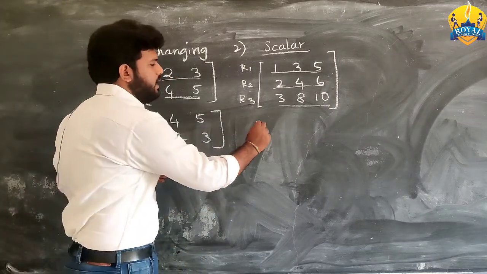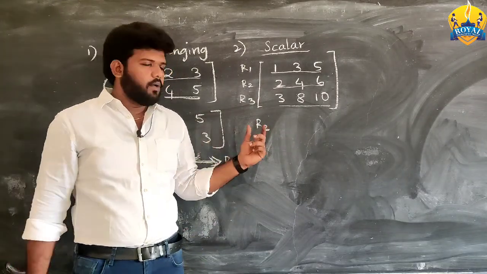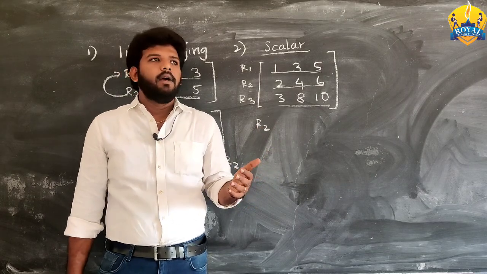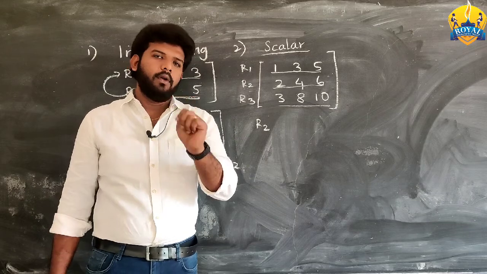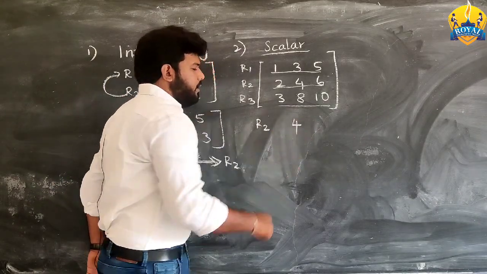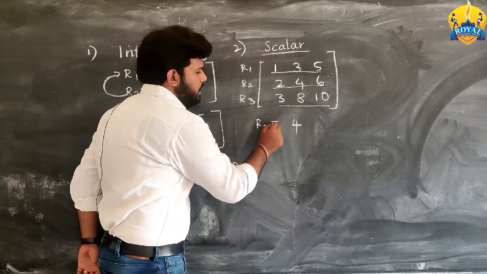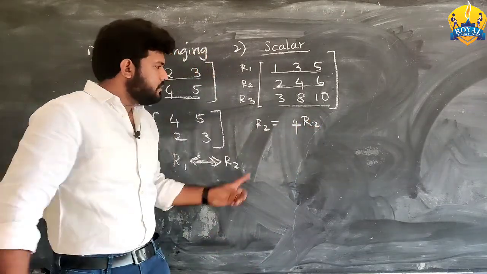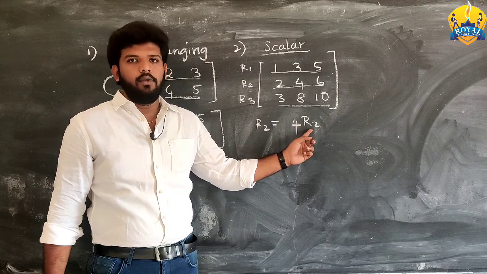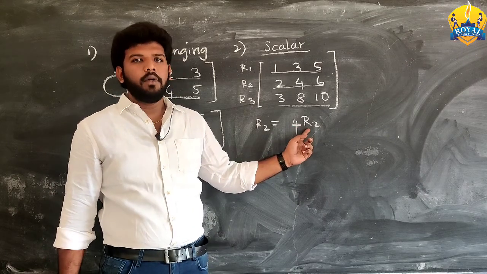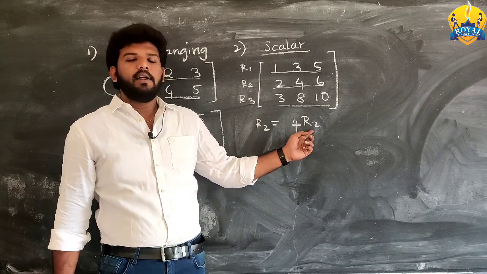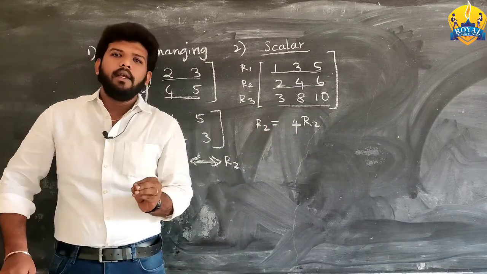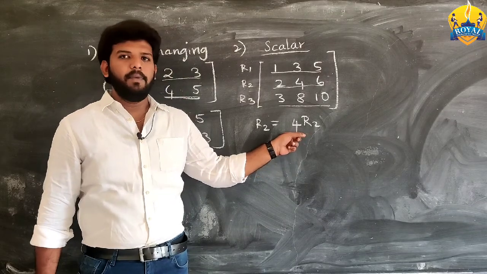For example, I take R2 and multiply it by the number 4. So R2 changes to 4 R2. Each number in the second row will be multiplied by 4.